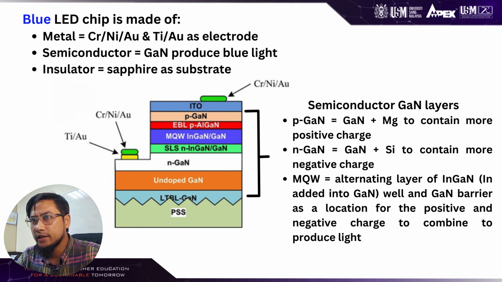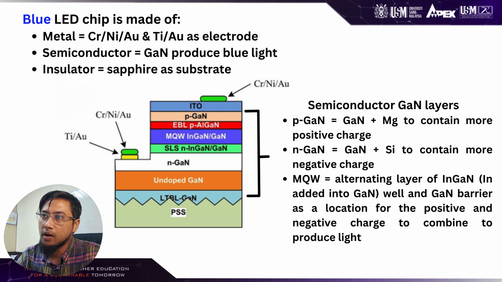And we've also got MQW. MQW stands for multi-quantum well layer, which acts as the location where the positive and negative charge carriers recombine, a process that efficiently produces light. This particular MQW layer is what determines the color of the light that comes out of the LED.